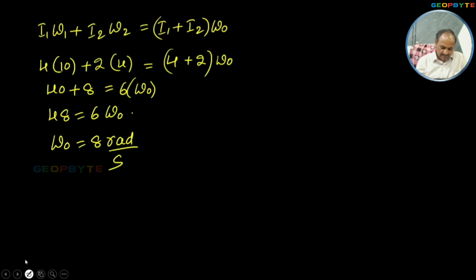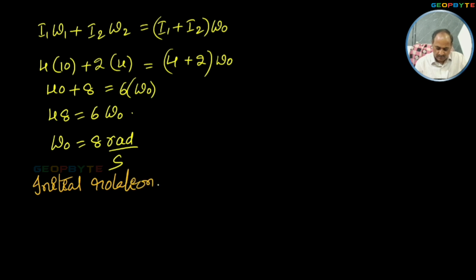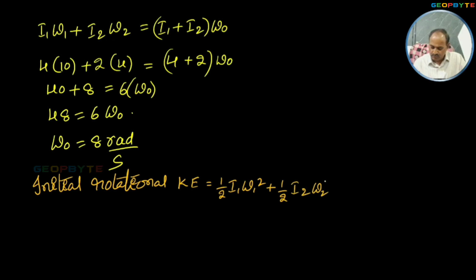Now let us decide the initial rotational kinetic energy, before both are made to contact. The initial rotational kinetic energy equals half I1 omega 1 square plus half I2 omega 2 square.